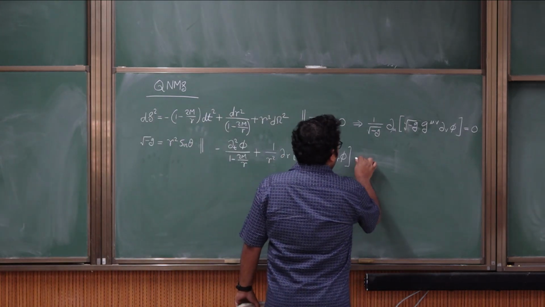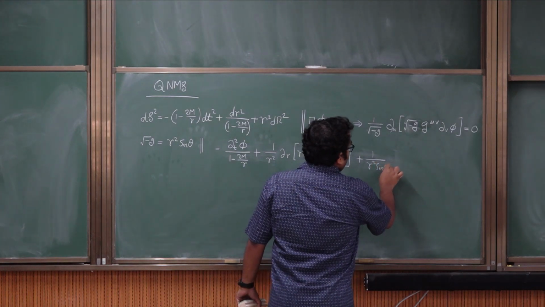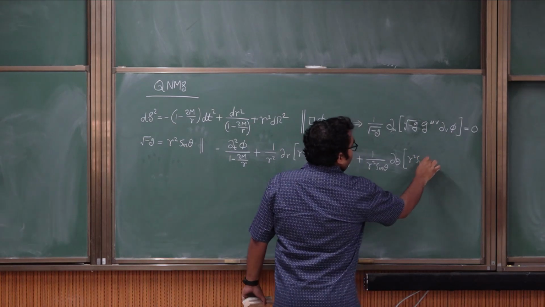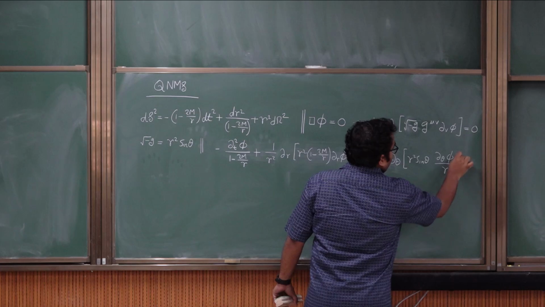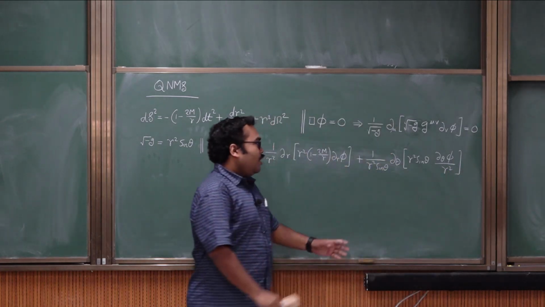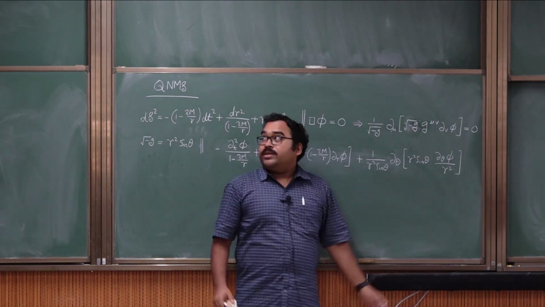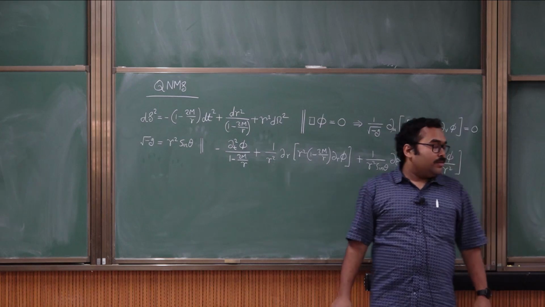Then I have the theta part. So the theta part would be 1 by r square sine theta, del theta of r square sine theta del theta of phi by r square. So this is root minus g, this is root minus g, and 1 by r square comes from the g upper theta theta component.